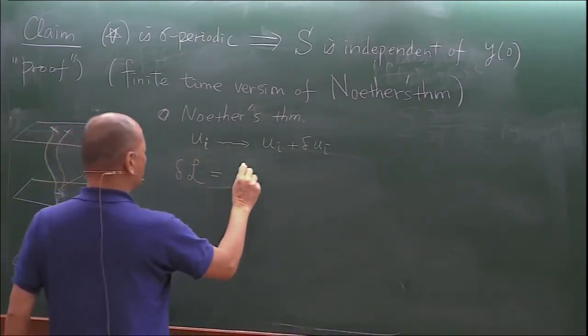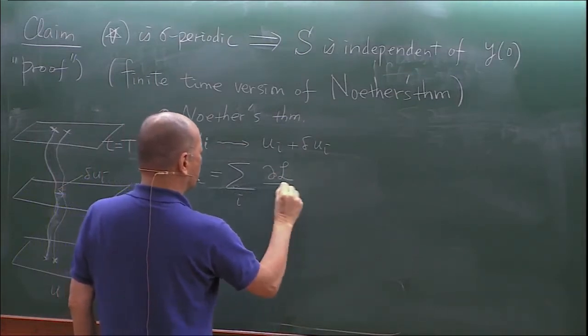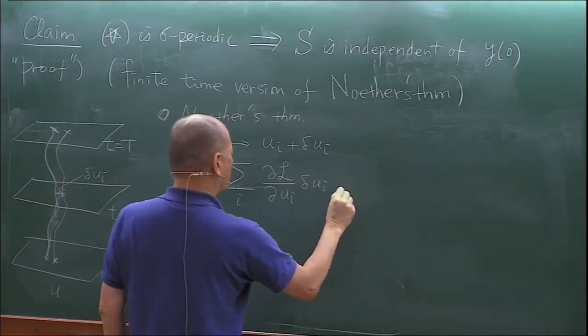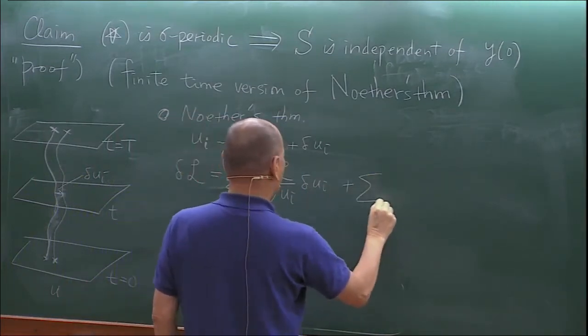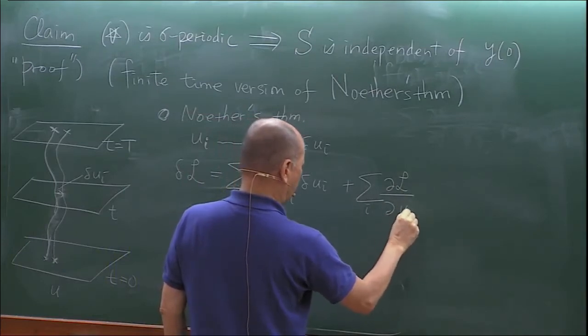So we have the following thing. First we calculate these things, and also you have the other part coming from the u dot variables.